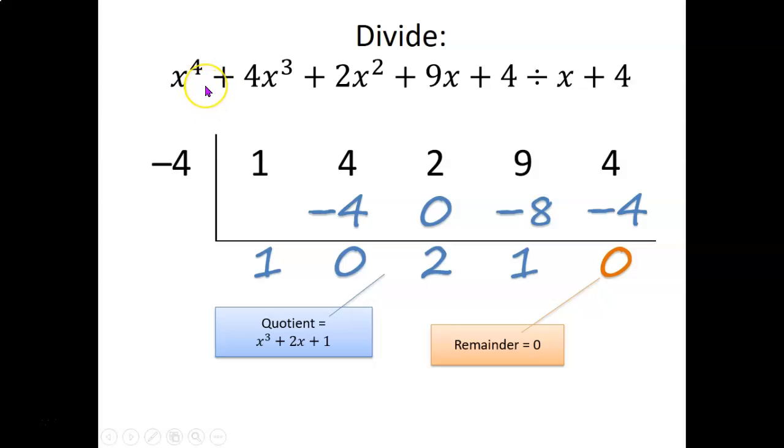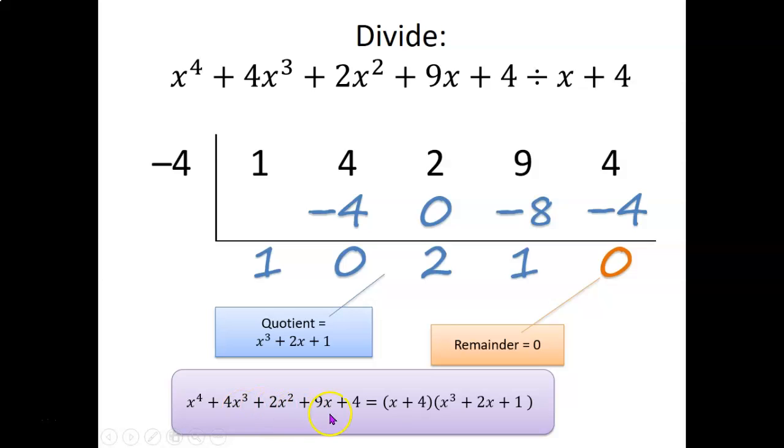We were dividing a degree 4 polynomial by a degree 1 polynomial, so the result was a degree 3 polynomial. That's how I know to start with x to the 3rd power. So the quotient is 1x to the 3rd power plus 0x to the 2nd power plus 2x to the 1st power plus 1. In other words, it's x to the 3rd power plus 2x plus 1.